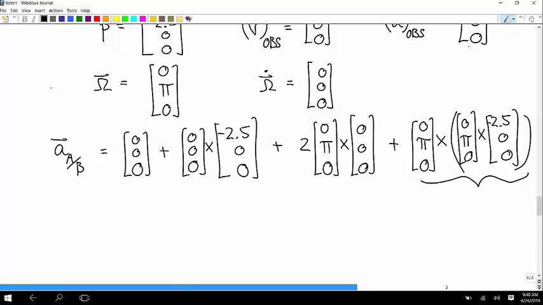So for this one, you get 2.5 pi squared, 0, 0. All the other terms go away.